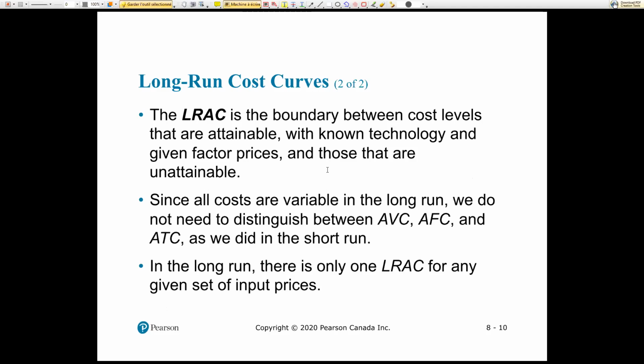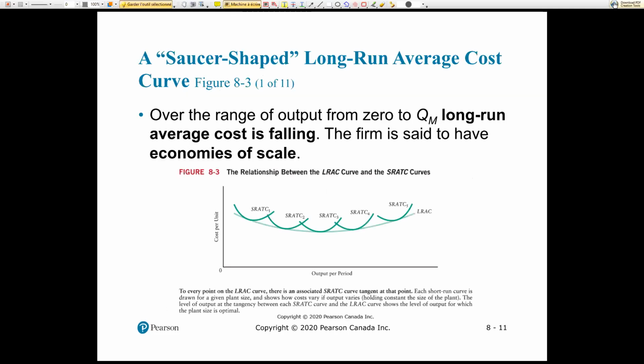Yeah, so I prefer to show it to you right away, so you get a more intuitive sense of what's going on. So here it is. Here's the output per period. This is my long-term plan. If I decide to produce, say, 1,000 hamburgers or 1,500 or 500 hamburgers, then in the long run, this is what it's going to cost me.